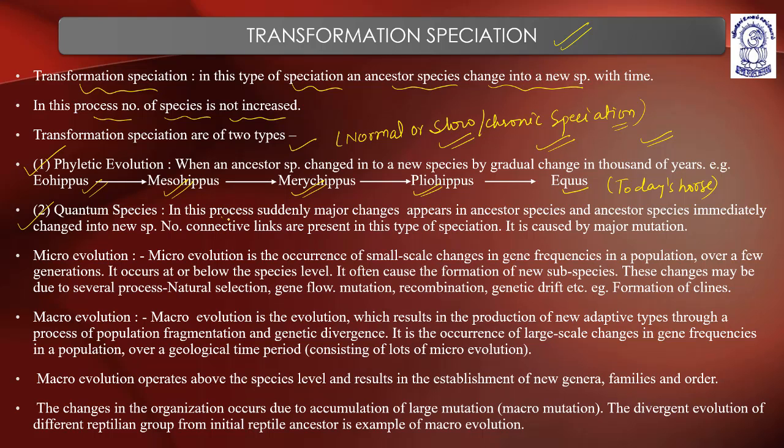Then there is quantum speciation. In this process, sudden major changes appear in the ancestral species, and the ancestral species immediately changes into a new species. So in quantum speciation, it is the formation of an immediate effect, and the immediate effect leads to the formation of a new species, because the ancestors come up with some frequent changes, and the ancestor species immediately leads to the formation of a different species.